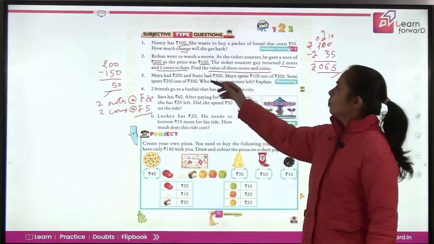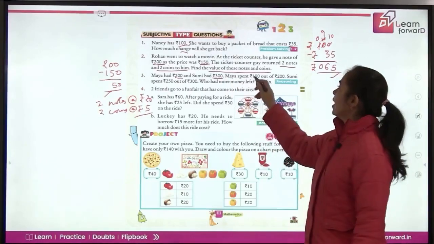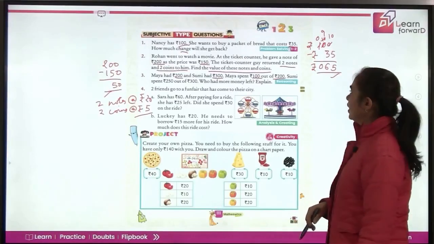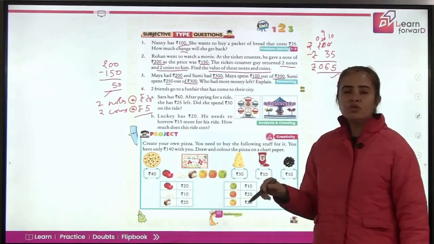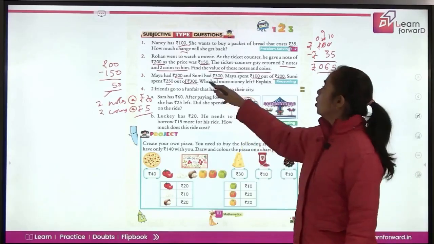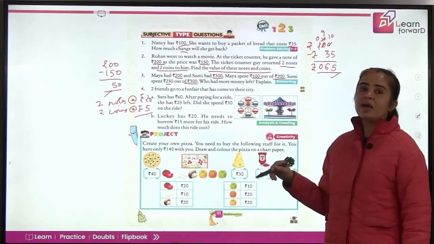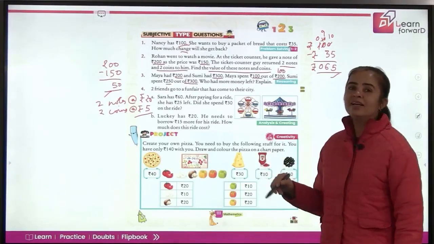Next, Maya had rupees 200, Sumi had rupees 300. Maya spent rupees 100 out of rupees 200. Sumi spent rupees 250 out of rupees 300. Who had more money left? Now, how much money is left with Maya? 100 rupees. Good. What have you done to get this 100?